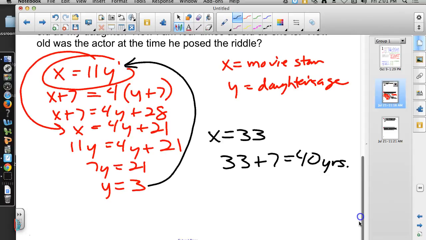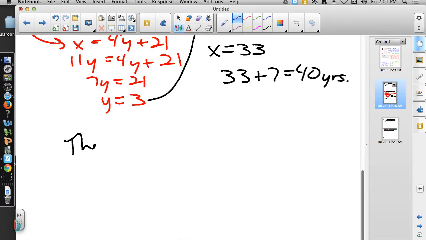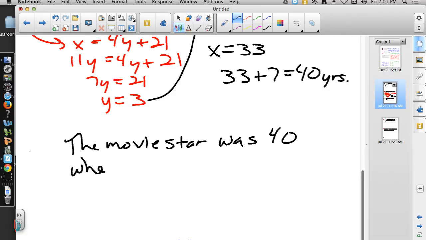So what we want to do is pull this together and interpret what we found. And our answer would be the movie star was 40 when the riddle, and the smartboard is not catching up with me here, was answered.